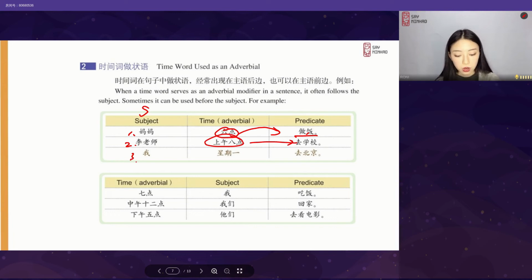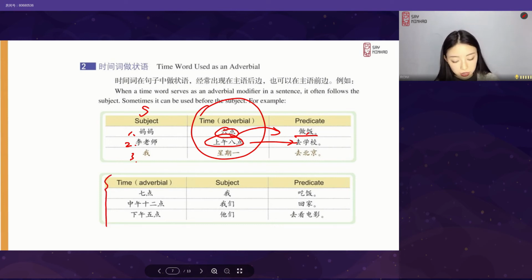Next one. 我星期一去北京. 我 is the subject. 星期一, Monday, the time word. 去北京, go to Beijing, is the verb plus the object, which is the predicate. So we can see here the time word is always before the verb.